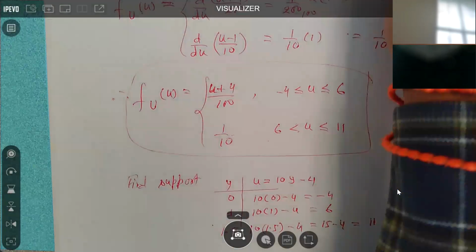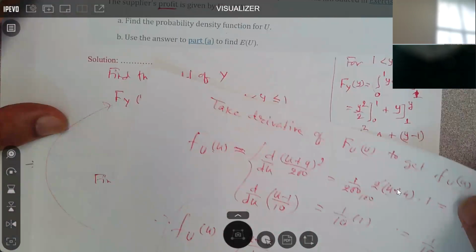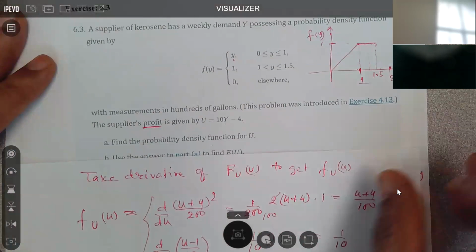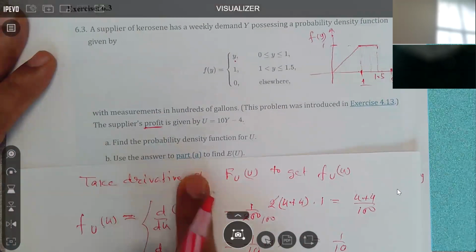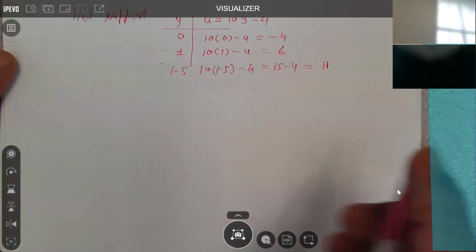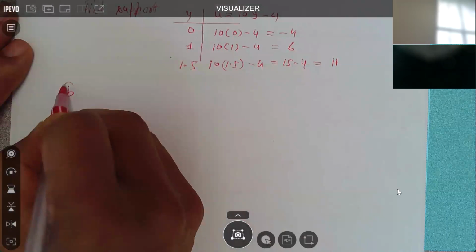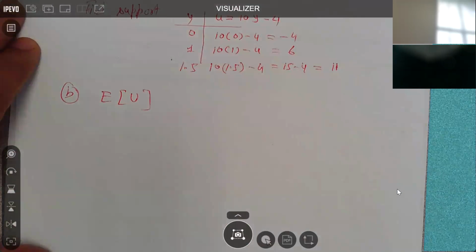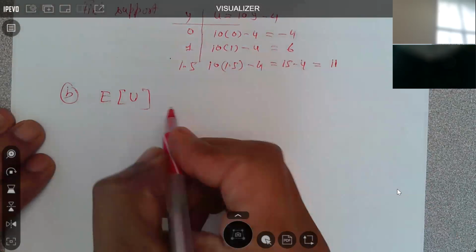Now, what is part B here? Expected value of u. You want to find part B, the expected value of u here, right? Now, to find the expected value of u, it is not the same as what you were doing before, because it is piecewise. So you have to do the piecewise here.